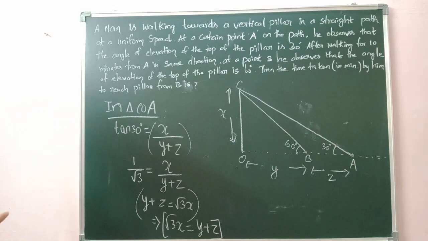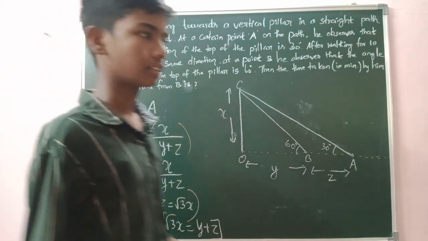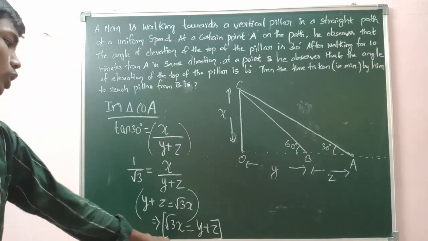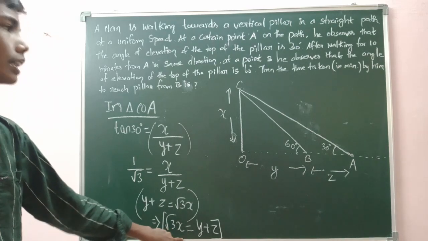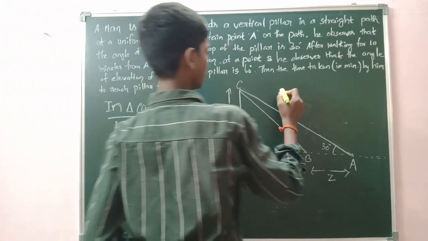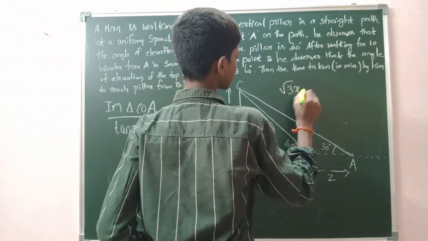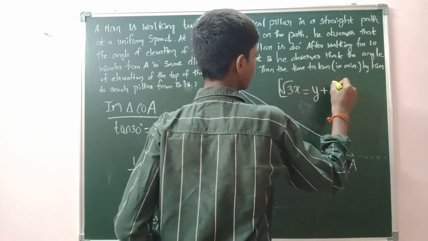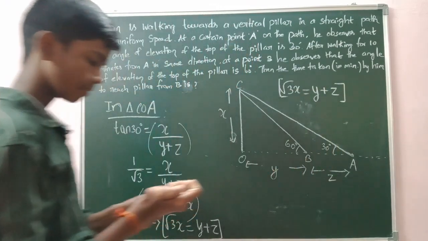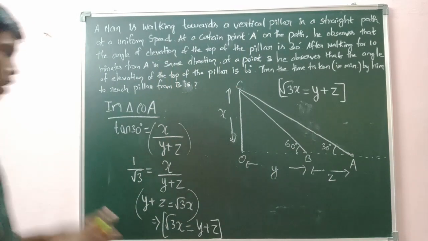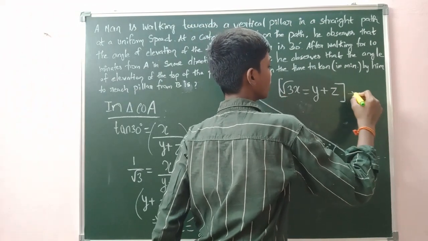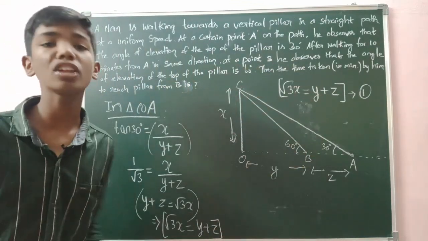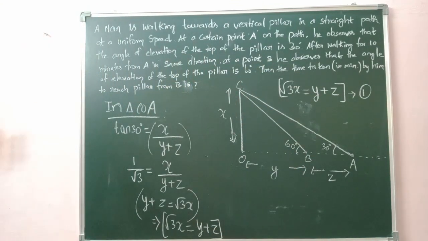So this is the equation we found, and let me keep this as equation 1. I found this by using the bigger triangle and finding the value of tan of 30 degrees.